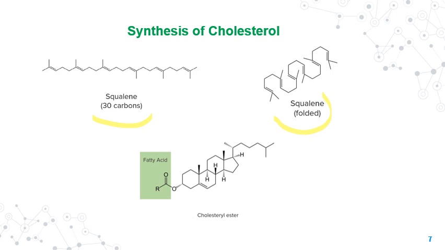Then you start to form the rings, and you end up with this structure for cholesterol ester. Cholesterol can also have side chains at the hydroxyl side, not only at carbon 17. So you get squalene, fold it, make the rings, and you end up with cholesterol.